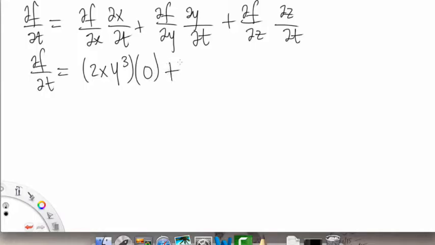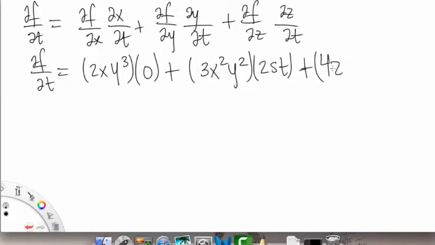And then we have plus partial f, partial y, which was equal to 3x squared y squared. And then partial y, partial t was 2 times st. And then plus, this last term is partial f, partial z, which was 4z cubed, and then partial z, partial t, which was an s squared.